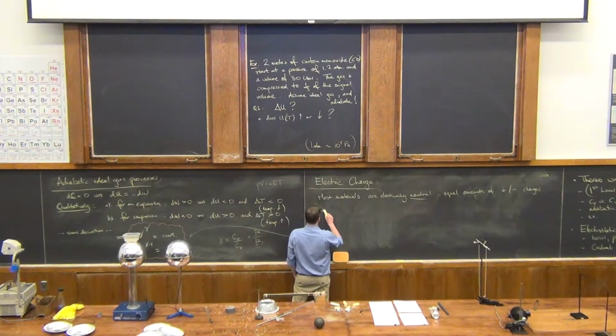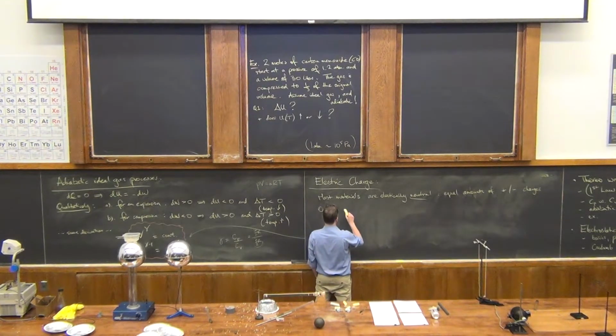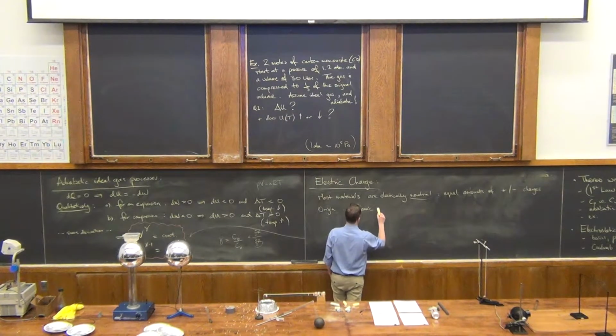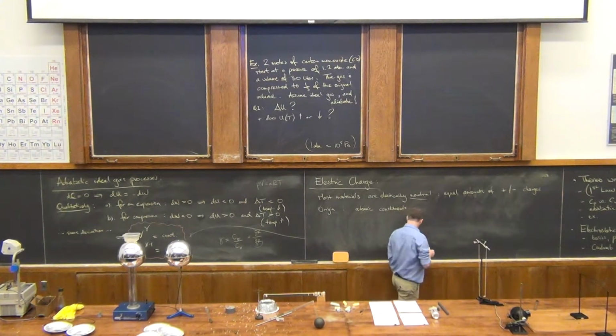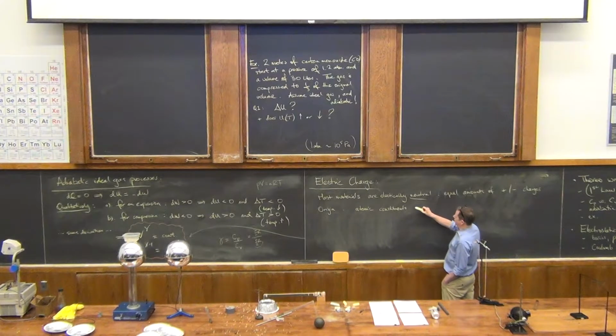The origin is, of course, what we can now say in the form of atomic structure, or atomic constituents. Atoms, of course, being the basic building blocks of many types. And again, with the benefit of centuries of hindsight, we know that positive charge resides typically in an atomic nucleus.